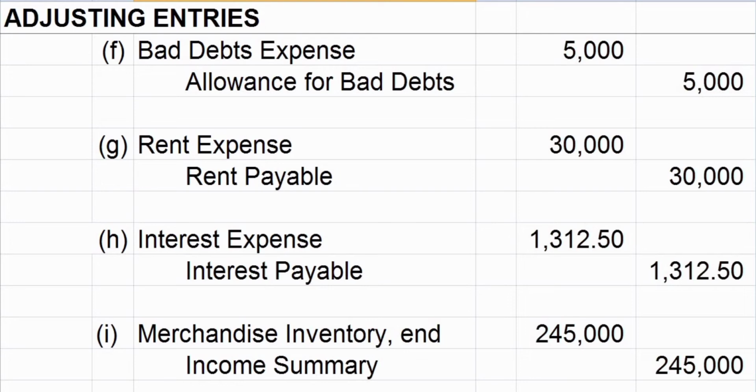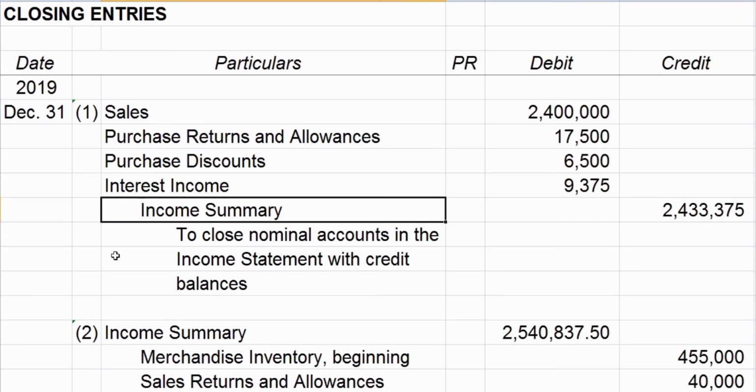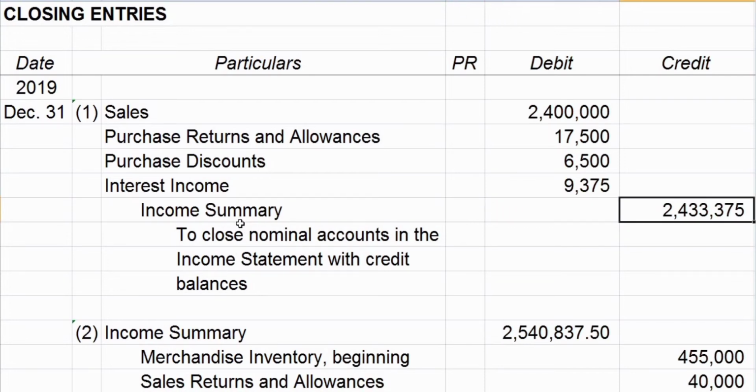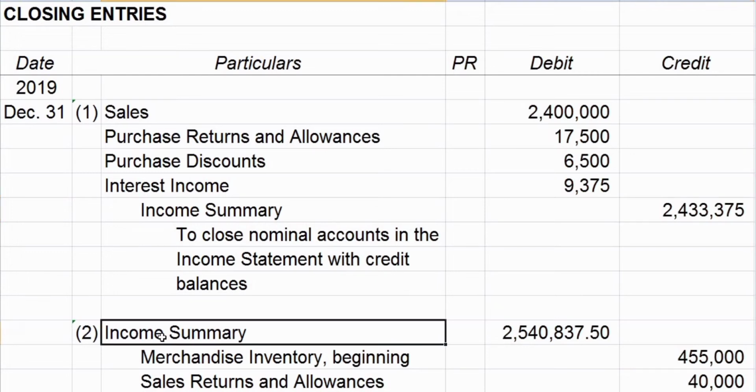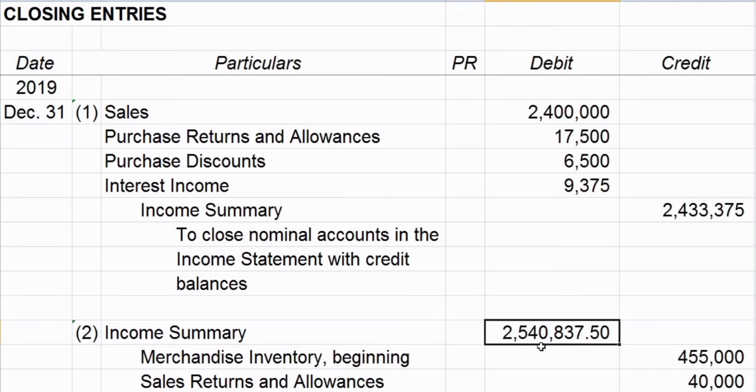Remember that in the last adjusting entry to record merchandise inventory end, we credited income summary for 245,000. And then here in our first closing entry, we again credited the same income summary account for 2,433,375. And finally, in our second closing entry, we debited income summary for 2,540,837.50.